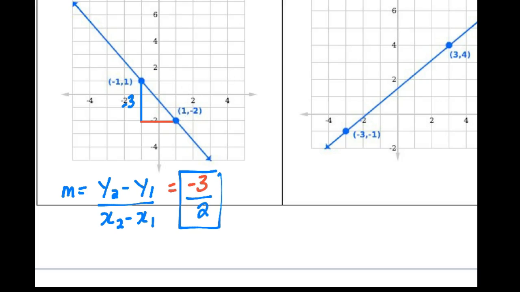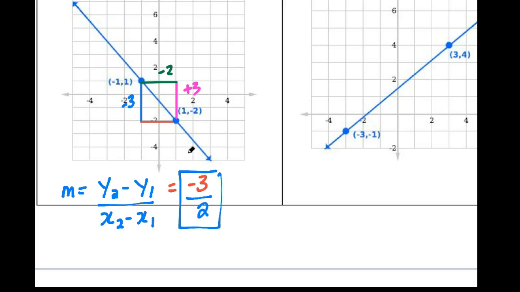For example, if I just switch this process, so these 2 different colors, if I go up 1, 2, 3, so that's up 3, so plus 3 now, from this point to that point, and then I would go left. I'm going left 2, so that would be negative 2. So you would still have negative 3 halves. The negative would be with the 2, but that's okay.